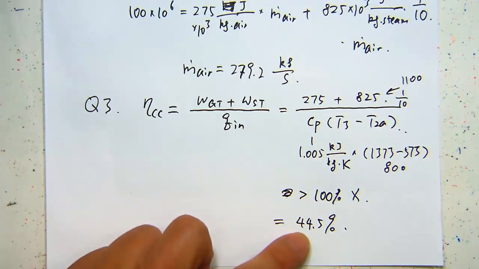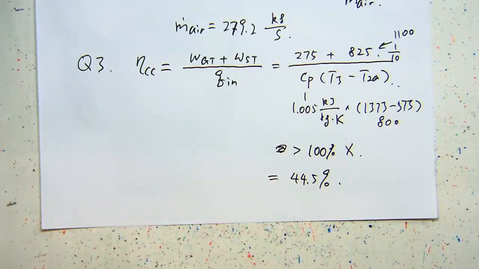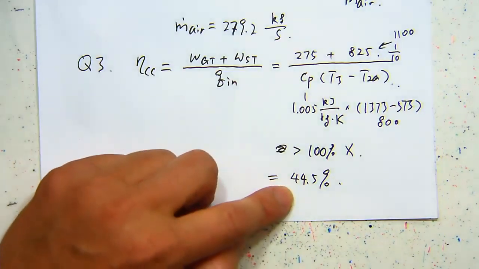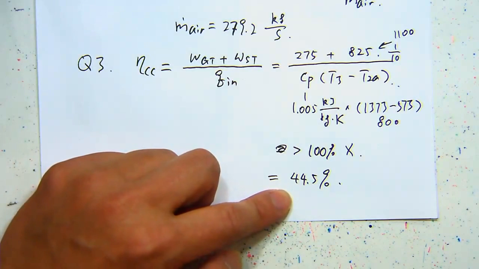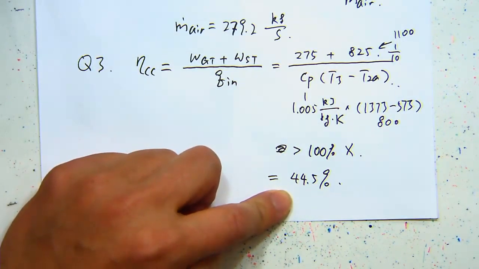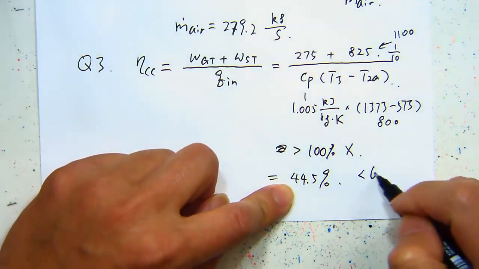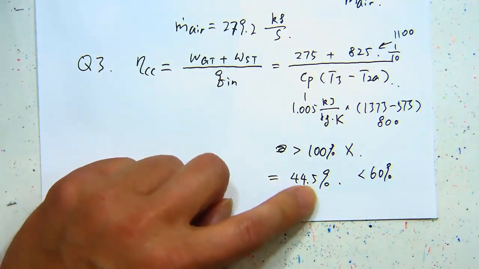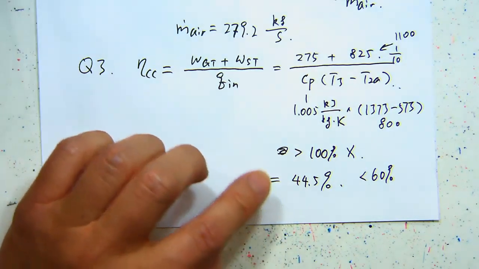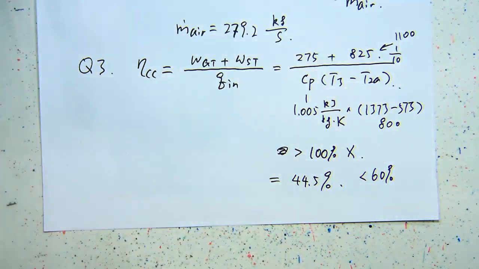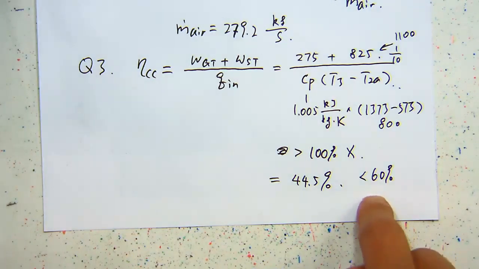All right, if you recall this value, it is actually pretty low compared to the highest efficiency in reality. We said for combined cycle, it can reach very high efficiency, over 60%. But here, we do not reach that. Any explanation in terms of why?